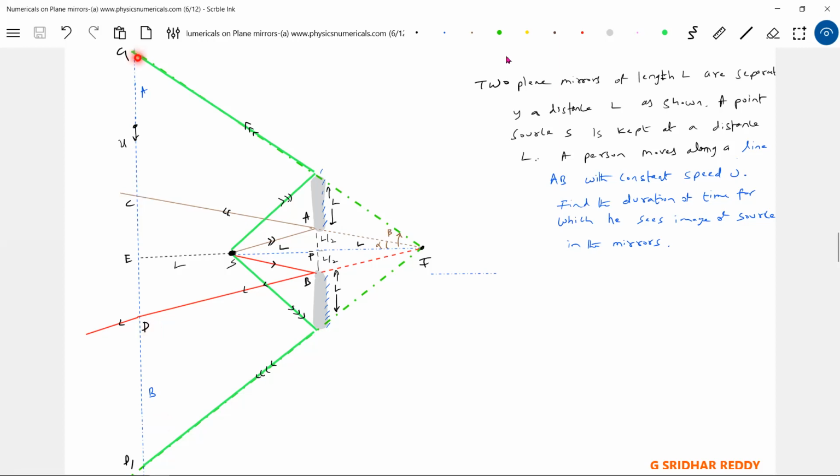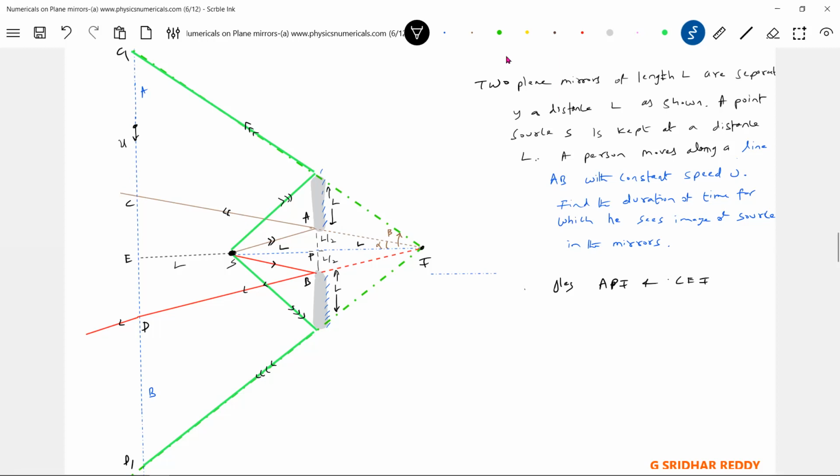Let's calculate first what is C1E. I'll calculate CE. If I subtract, I'll get C1C. Since the source is lying symmetrically, this distance must be equal to this one. Let me take the help of the triangles. We have a set of triangles here. Look at the similar triangles API and the triangle CEI.